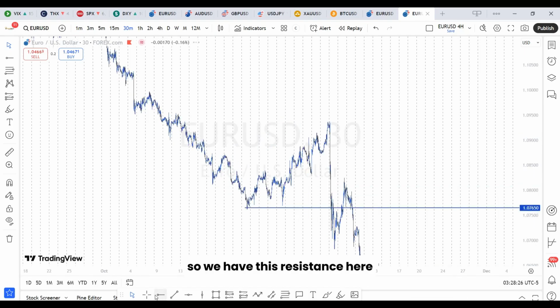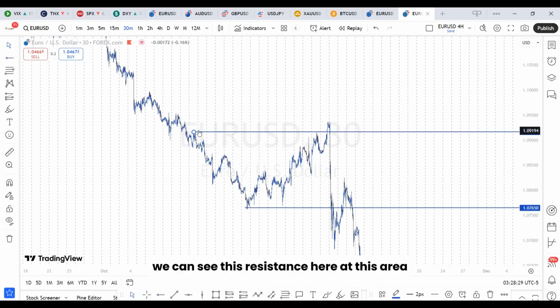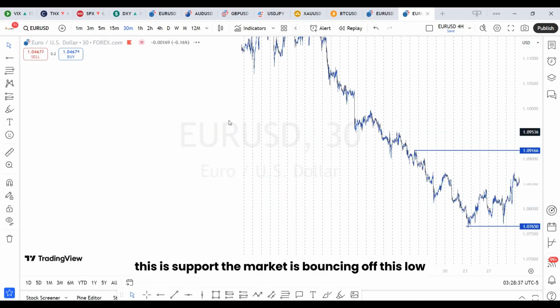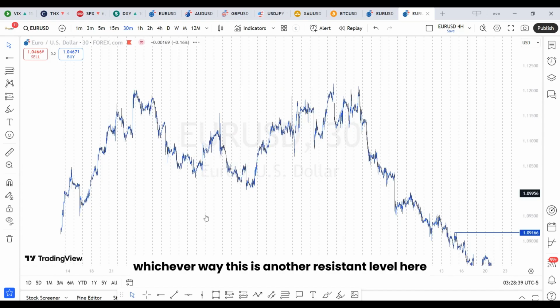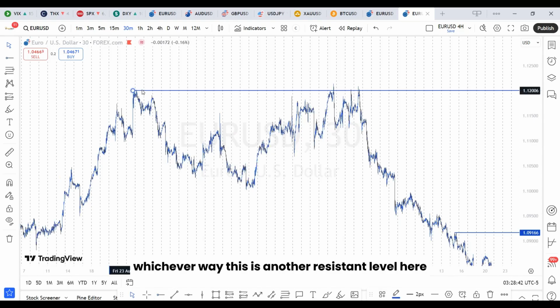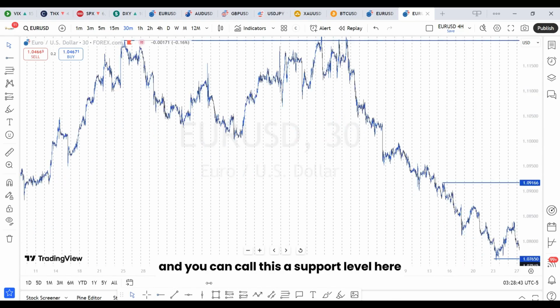We can see this resistance here, the market is unable to break up. This is a support, the market is bouncing off this low. Whichever way, this is another resistance level here, and you can call this a support level around this area.